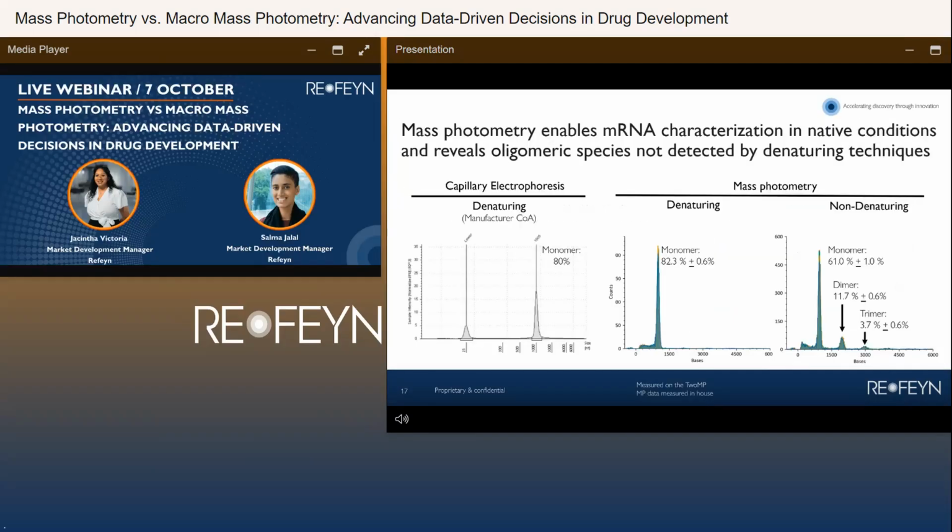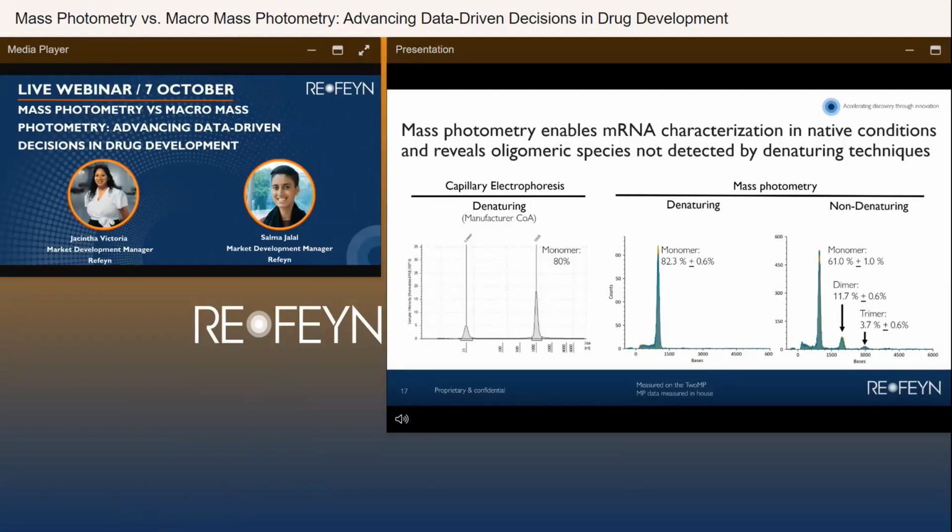And then coming back to the idea of measuring the true identity, the true purity profile of your mRNA. Here we show how most methods used for mRNA purity assessment that involve capillary electrophoresis or HPLC are typically run in reducing or denaturing conditions. This means that they will not be able to detect non-covalent oligomeric mRNA species.